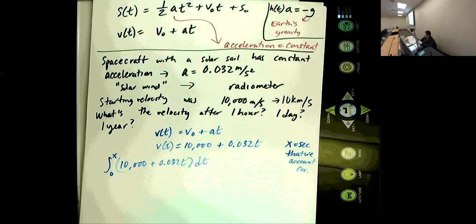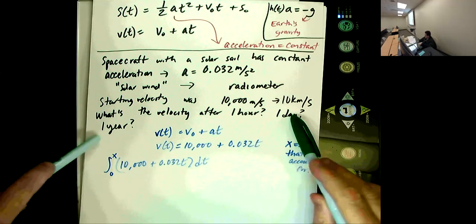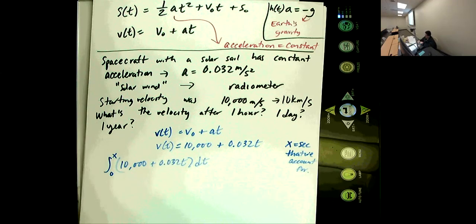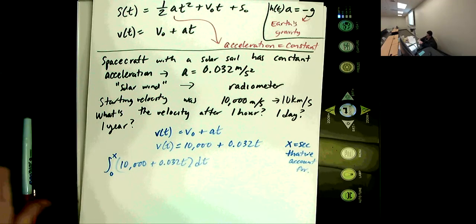The reason I'm using x rather than picking numbers is that doing 1 hour, 1 day, 1 year gets a lot easier. All I have to do is convert those to seconds, which is definitely going to take a calculator.